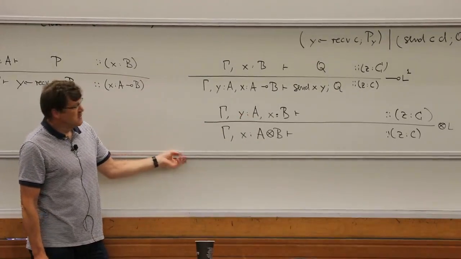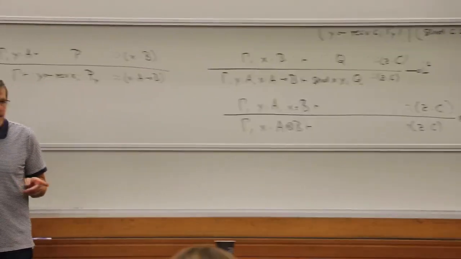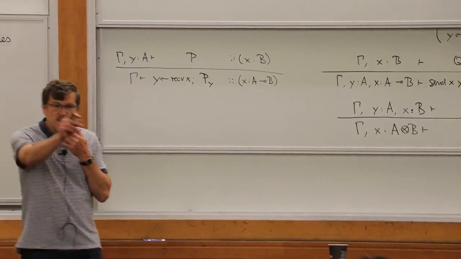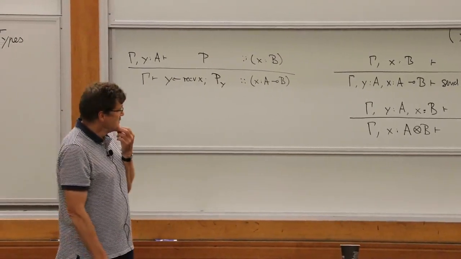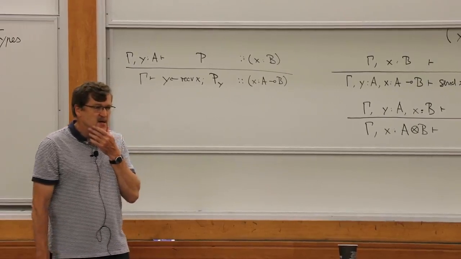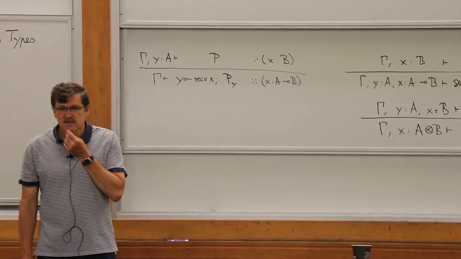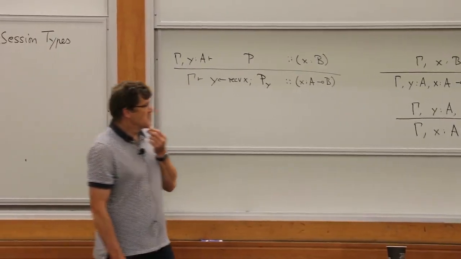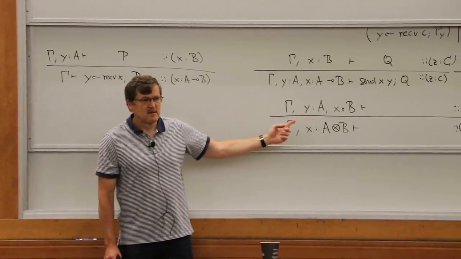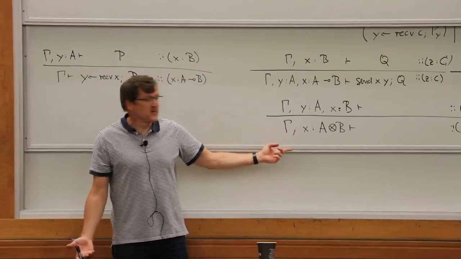So now can you speculate on what the operation here might be? Maybe you can see it that way, but there's a simpler operational interpretation. In the premise we have a new y. Where could it come from? We receive it along x. It's the only channel we actually single out.